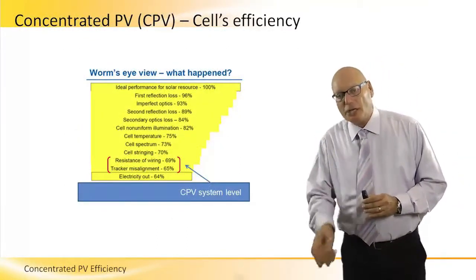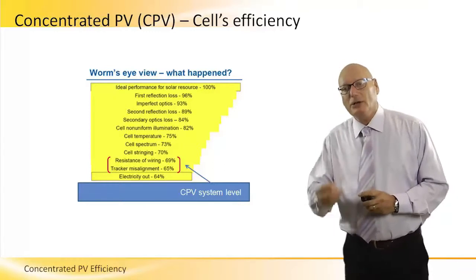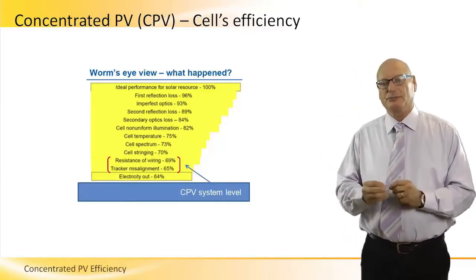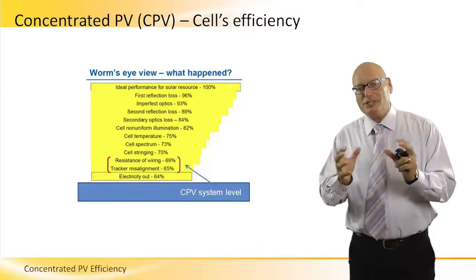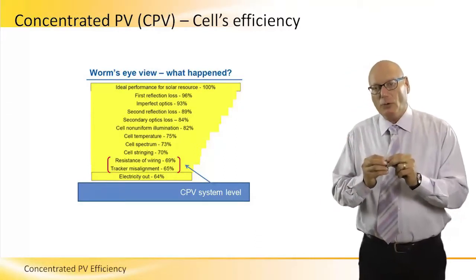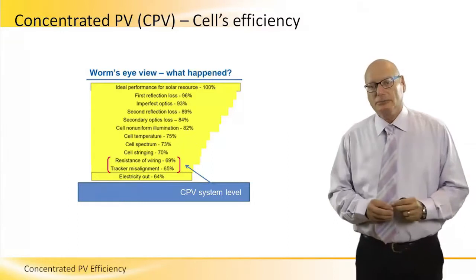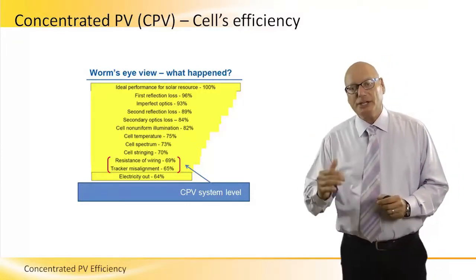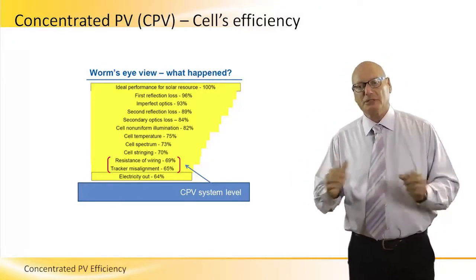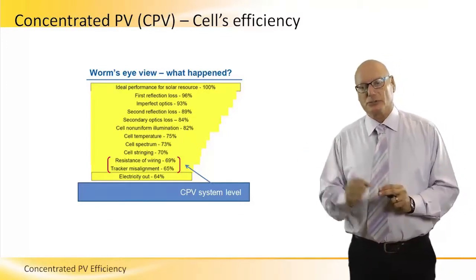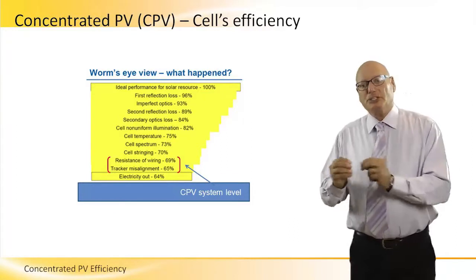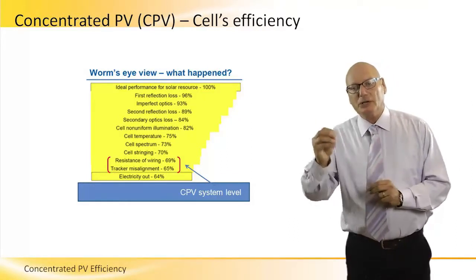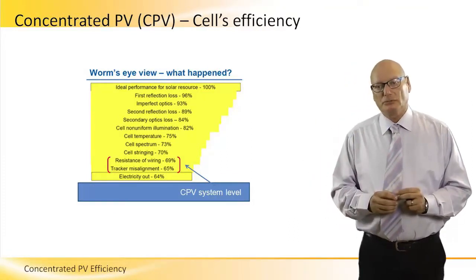This chart of cell efficiency in a concentrated system should give us a picture of where we stand in terms of what we lose in each stage. We start with an ideal 100% solar resource. The first reflection loss will bring us down to 96%.